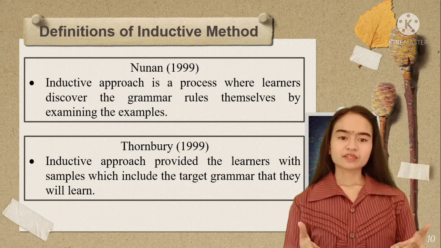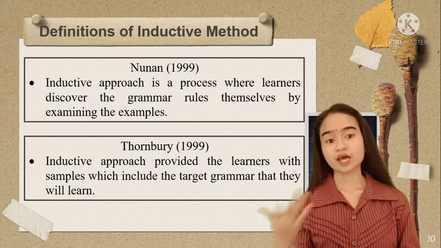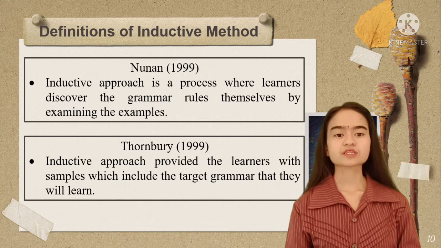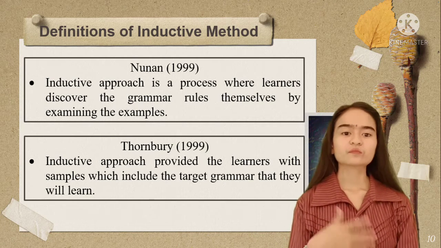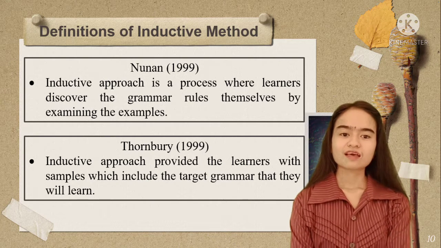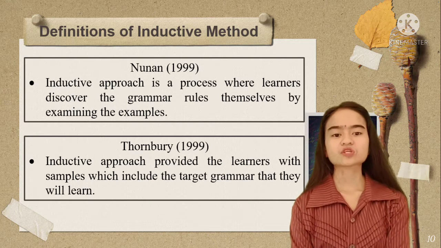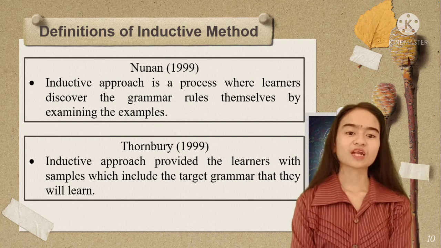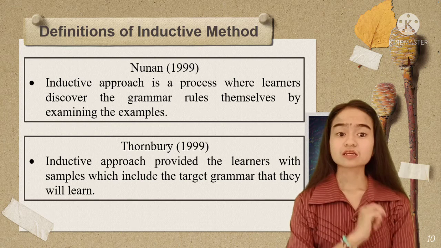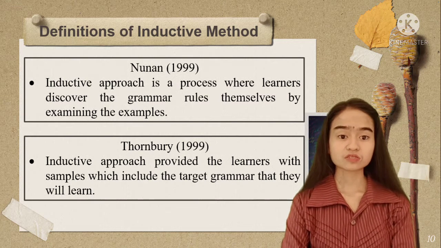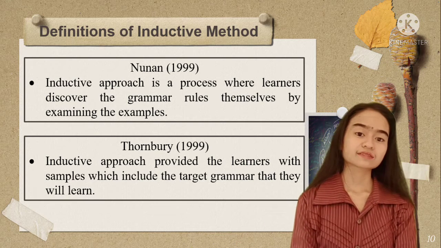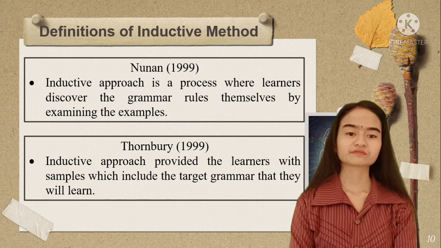The inductive method is defined by Nunan, 1999, as a process in which learners discover grammatical rules for themselves by evaluating examples. It is also feasible to employ a context for grammatical rules in an inductive method. That is, rather than isolated phrases, learners examine the grammatical rules in a text or an audio file.